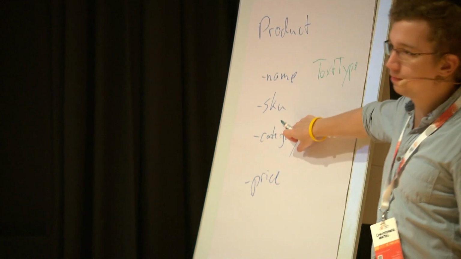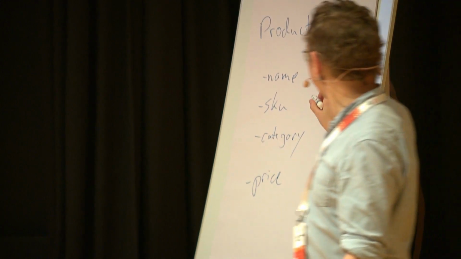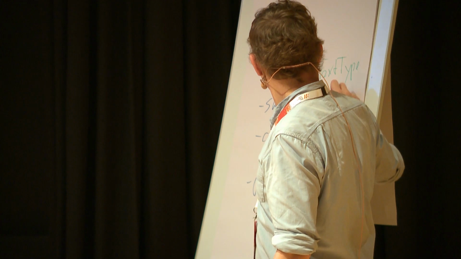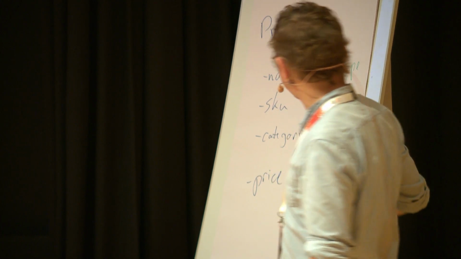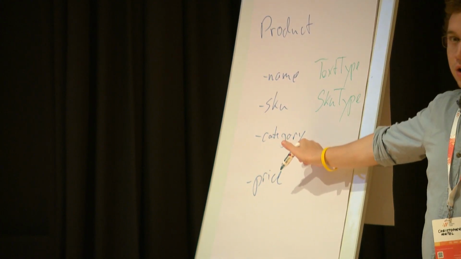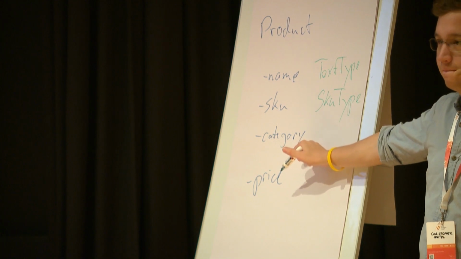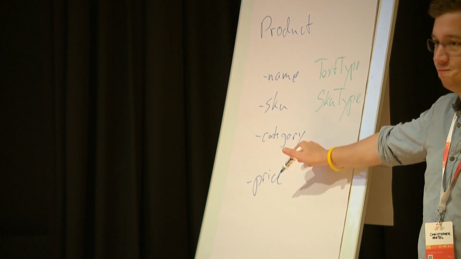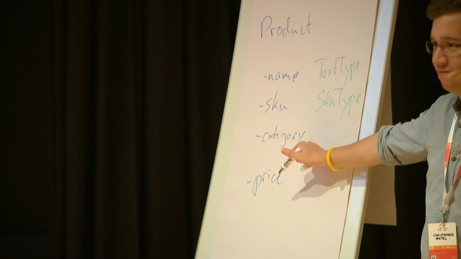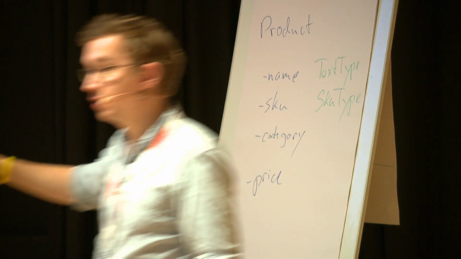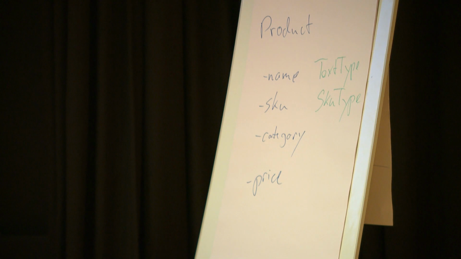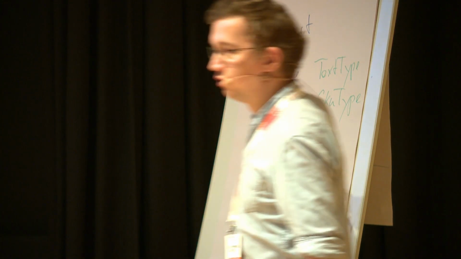What about this? We just created a new type for that. Any thoughts about that? Pardon? We have a category type, yeah, but we want to reference an existing category over here.